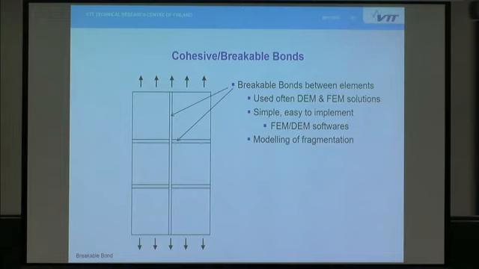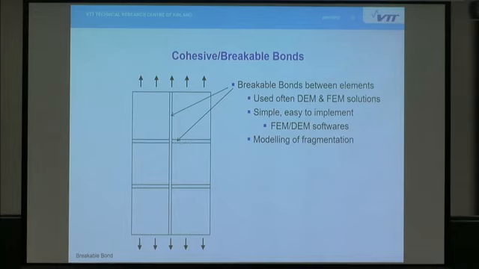Cohesive bonds or cohesive elements are quite widely used nowadays. The idea is that between the elements there are bonds, elements are glued together, and then this bond breaks and we can model fragmentation of an ice sheet or anything else. The good thing is that it's really simple to model.